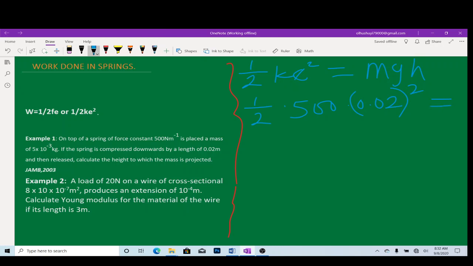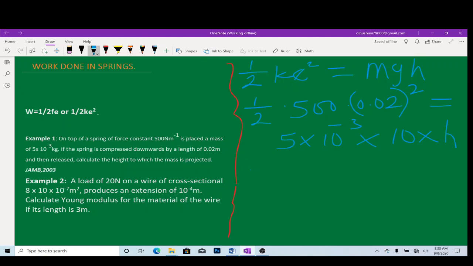That can be equal to what? 5 times 10 raised to the power minus 3 times 10. G is acceleration due to gravity. Then times h. So what do we have?